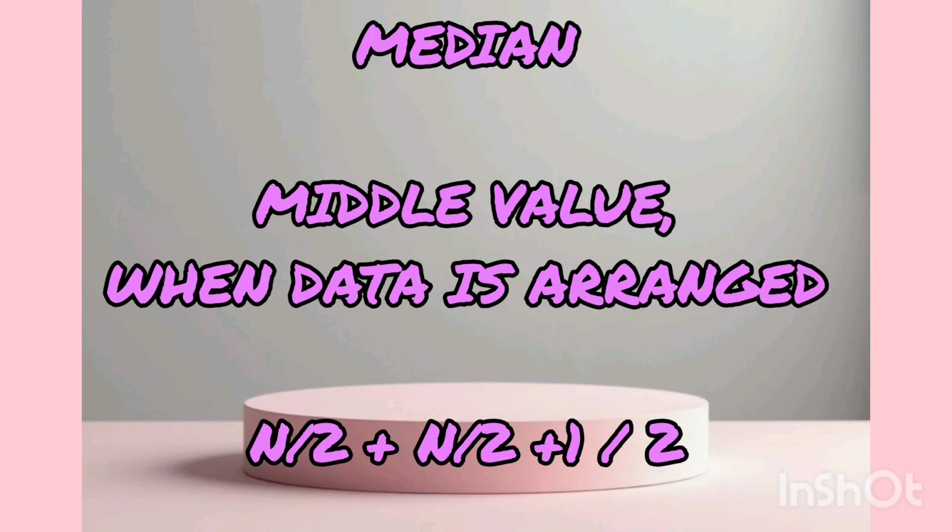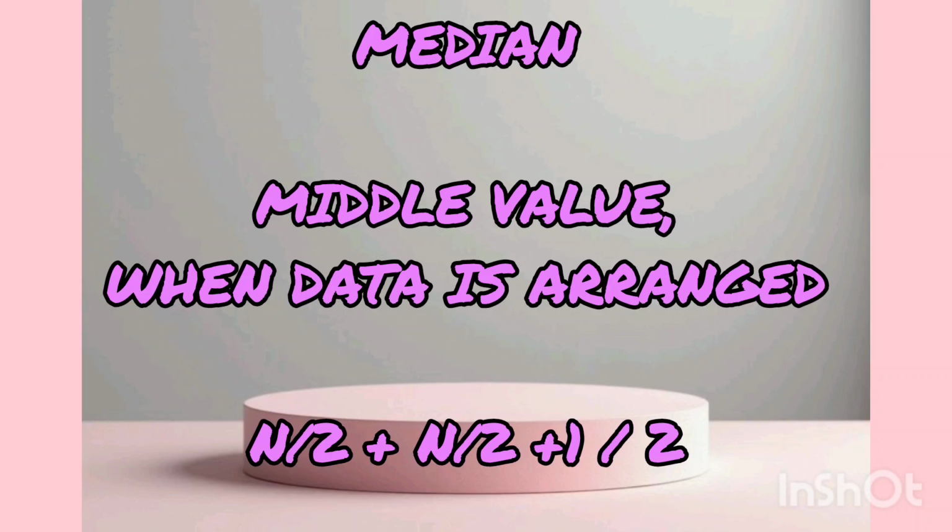Next up, we have median. In order to obtain median, first up we have to arrange all the data in either ascending or descending order. Let's say we have 9 numbers. So what will be our median? The number which is present at the fifth position, that is the center position, whichever data is present there is going to be my median.